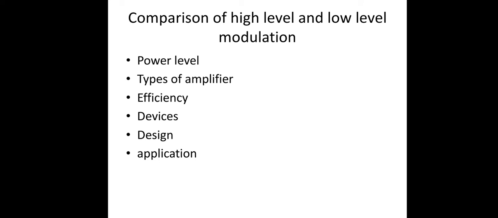In high level modulation, the design of the power amplifier is complex due to the very high power involved, and low level modulation is easy as it is done at low power levels. Applications: high level modulation is used in high power broadcast transmitters, and low level modulation is sometimes used in TV transmitters. This is the comparison of high level and low level modulation.